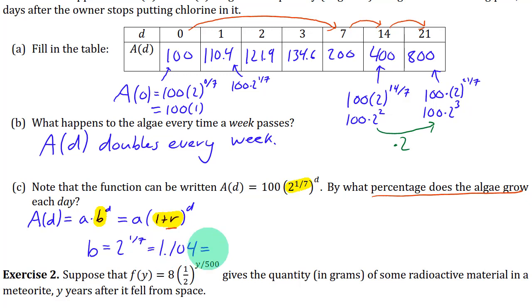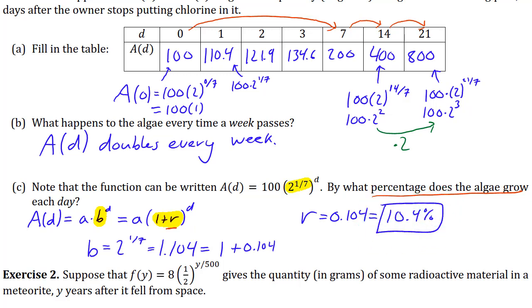And if you want to write that as 1 plus something, 1 plus 0.104 is the same thing. And that is the r. So we have r equals 0.104. And if you want to write that as a percentage, you could write it as 10.4%.